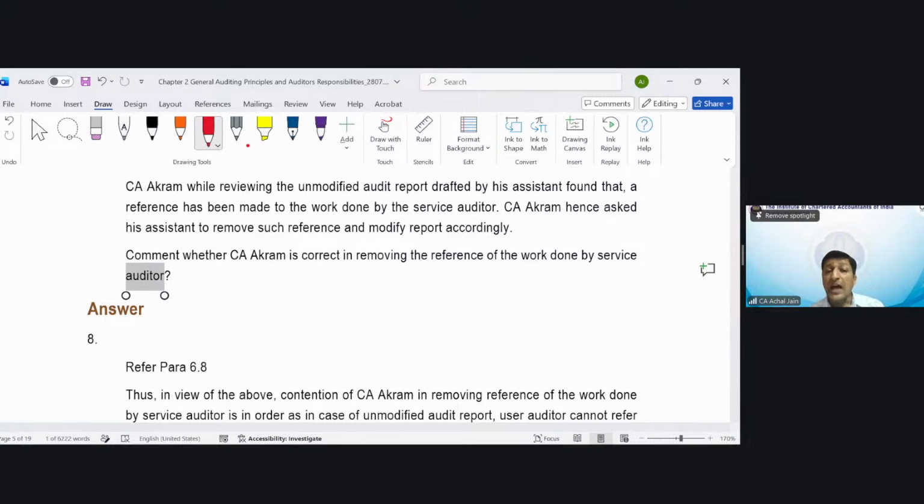CA Akram hence asked his assistant to remove such a reference and modify the report accordingly. Now you are required to basically discuss, comment whether CA Akram is correct in removing the reference of work done by service organization.